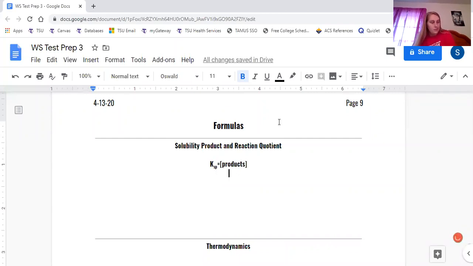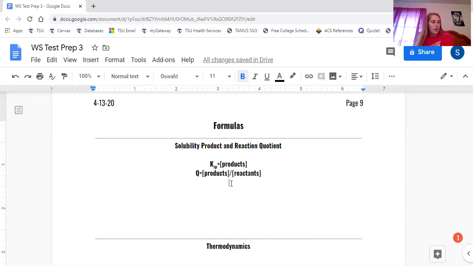And then we have Q, and Q is equal to products over reactants, the concentration of products over the concentration of the reactants. And remember that K and Q are the same thing, except Q is the reaction quotient, but K is the reaction quotient at equilibrium. So if you have all of this but at equilibrium, that's going to be K.